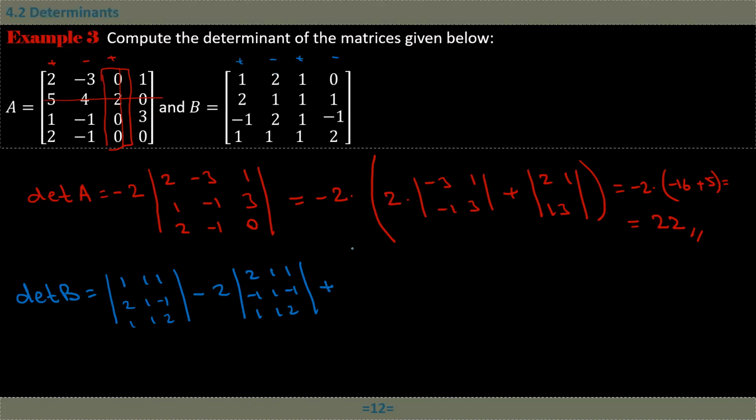Plus, now here we have 1, we don't have to write this 1. Delete this column and this row. What do we have here? The remaining 3 by 3 determinant.